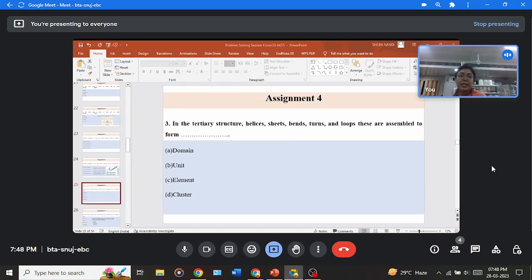Question number 3 is: in the tertiary structure, helices, sheets, bends, turns and loops are assembled to form: A, domain; B, unit; C, element; or D, cluster.